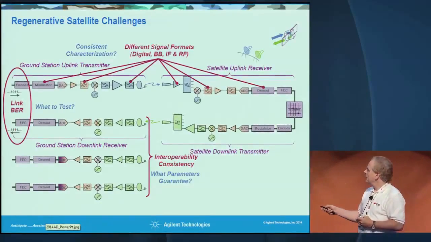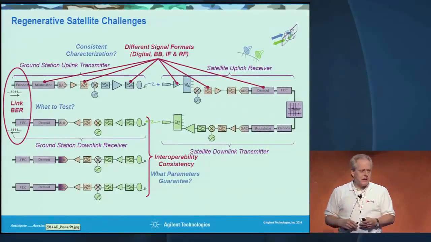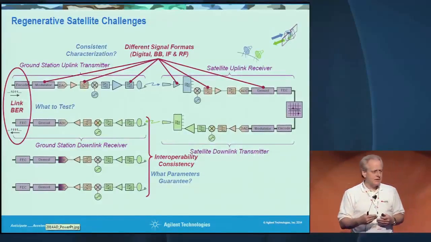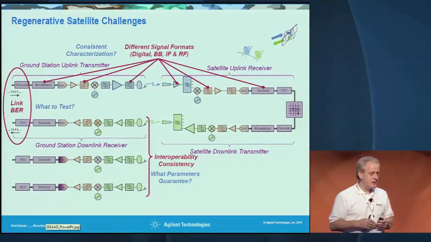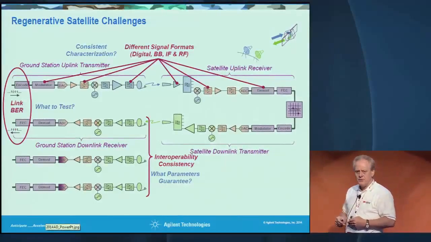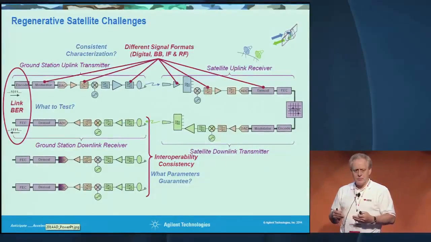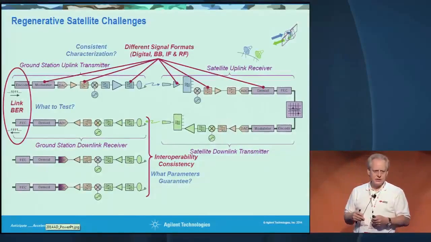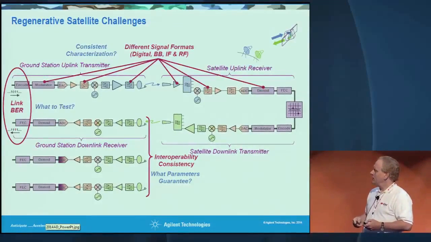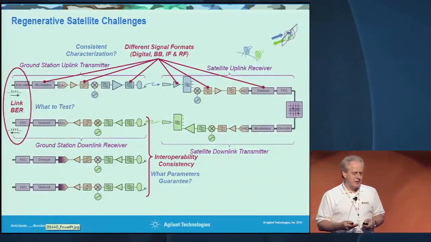You're accounting for more sophisticated block diagrams and actually treating the satellite itself as a receiver and a transmitter. So there's a whole range of additional capability that goes along with the new generations of satellites, which calls for new understanding of what measurements to make.